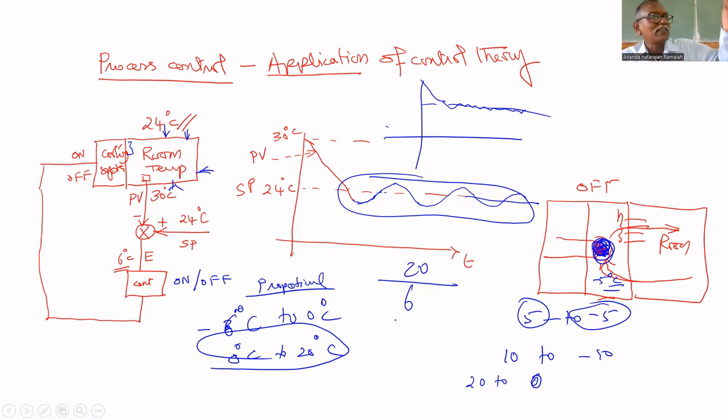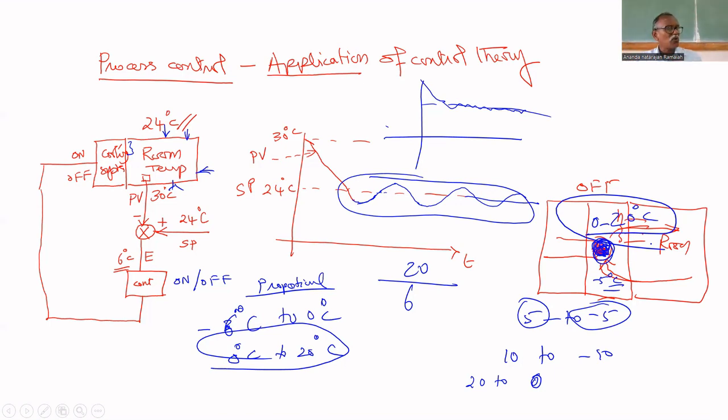If 6 degrees, its temperature will be 0, because 6 multiplied by 3.66 equals 20. Proportionally, it is varying. The cooling element temperature is varying from 0 to 20 degrees centigrade. That is called proportional control.